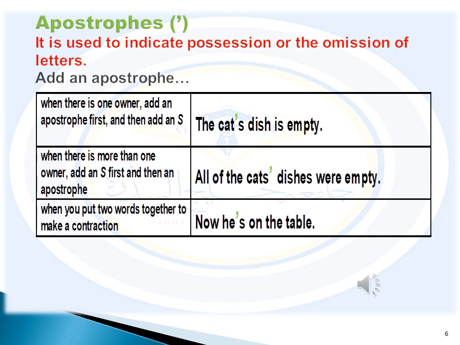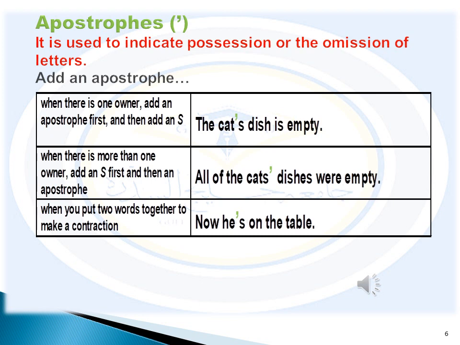Add an apostrophe when you put two words together to make a contraction. In a contraction, we make some type of shortening of words. When we join words together, we omit some letter. So we call it a case of omission.